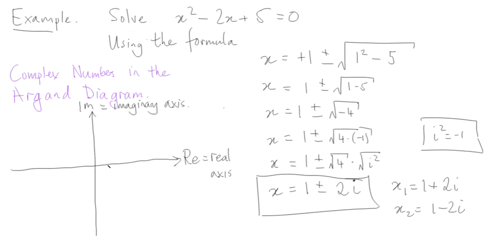So this is 1, 2, 3, 4, our real number axis scale, and this is going to be our imaginary part.